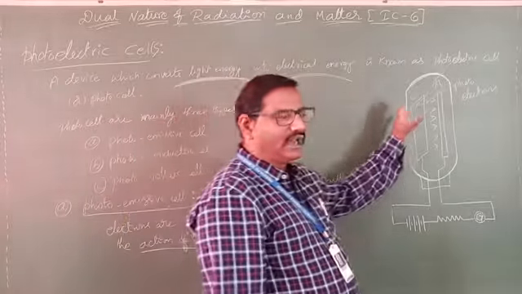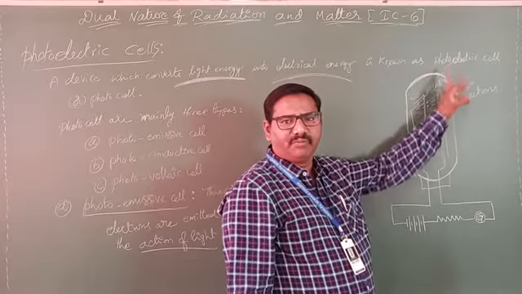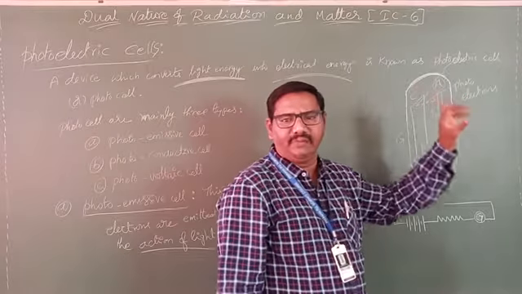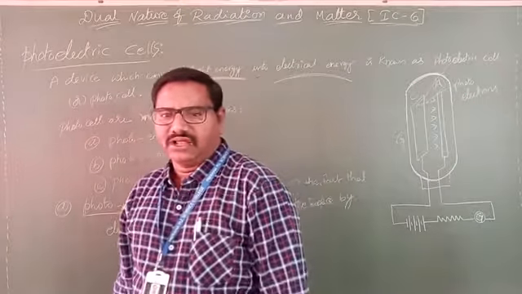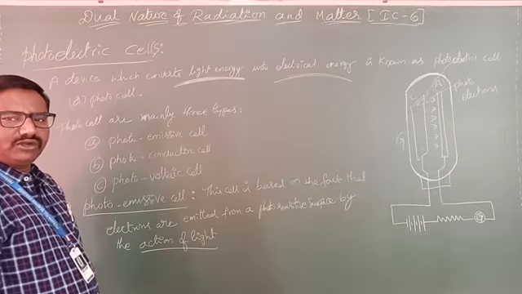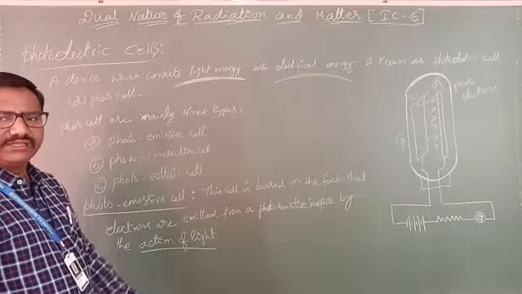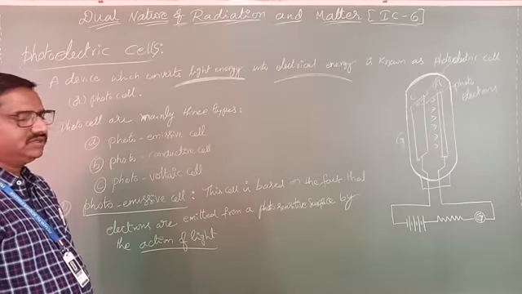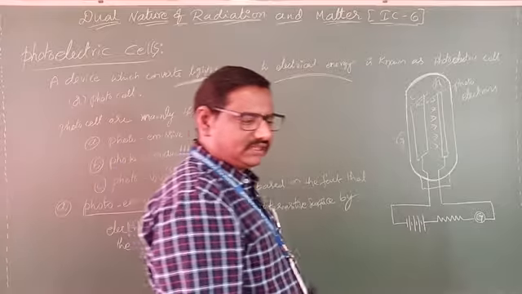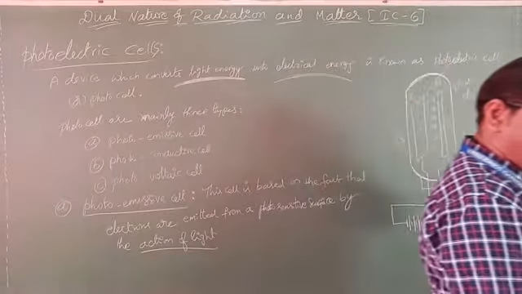These emitted electrons are attracted by the positive plate. Then you can observe that a photocurrent is observed in the circuit. This is a photoemissive cell. Clear?